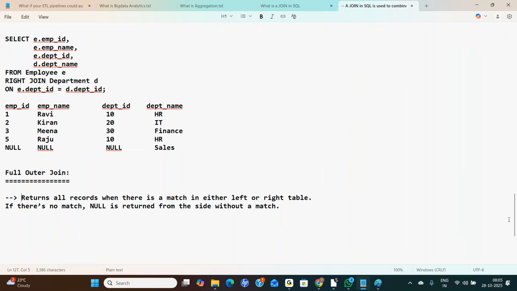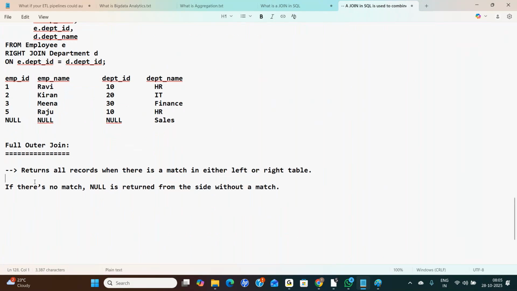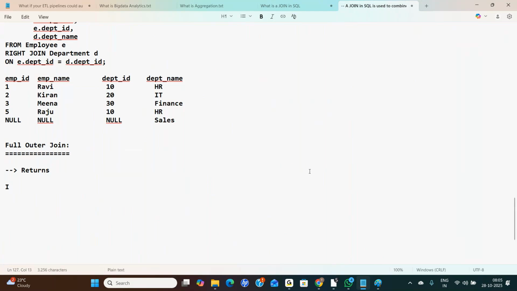Simply, it returns both matched and unmatched records from both left and right table. Simple, not making it complicated.